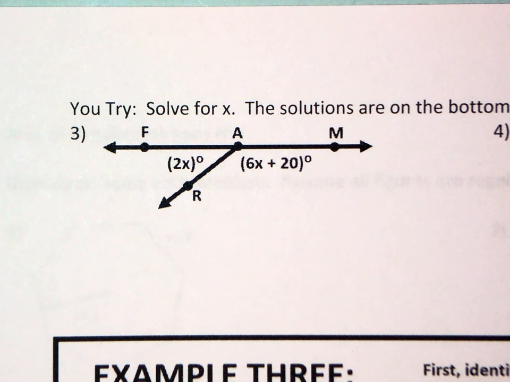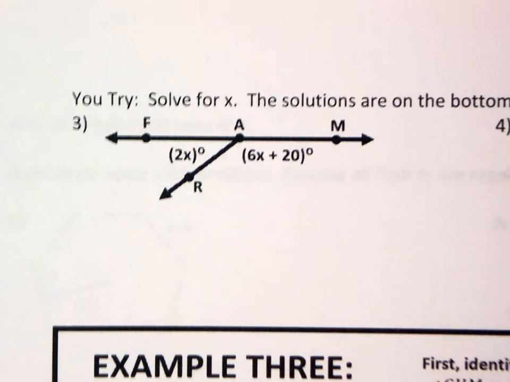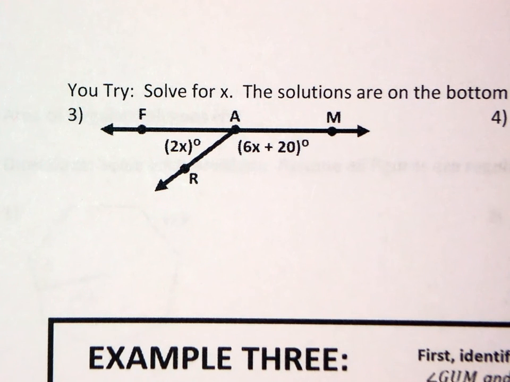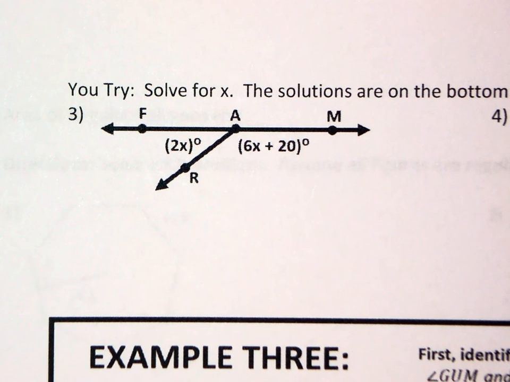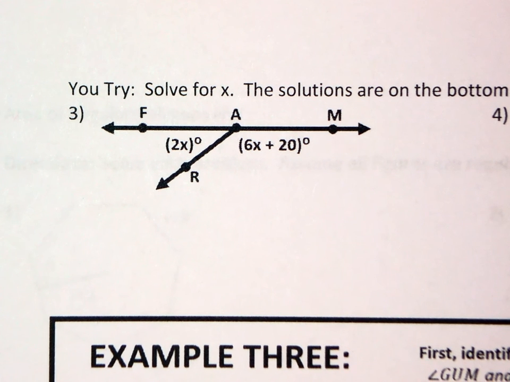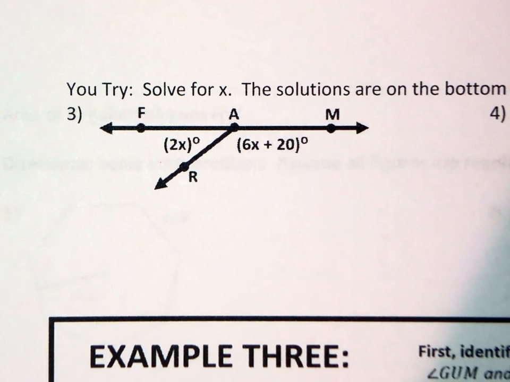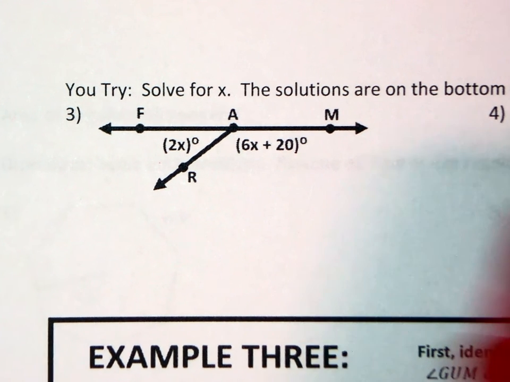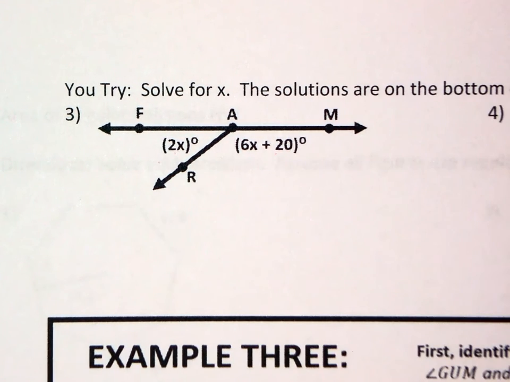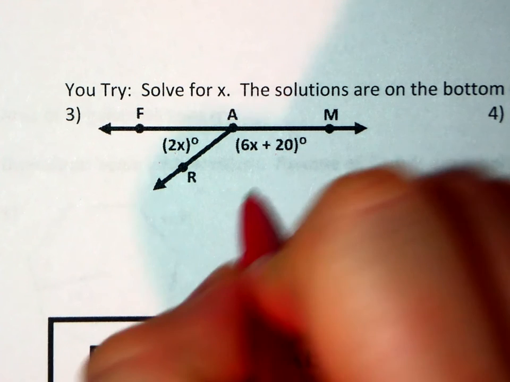Example 2 is utilizing expressions with supplementary angles. Supplementary angles, we know by definition, are two angles whose sums add up to 180 degrees. Since I know from problem 3 here that these two sums need to add up to 180 degrees, I will simply add their expressions and set them equal to 180 degrees.